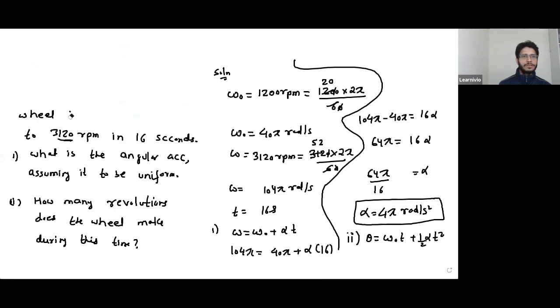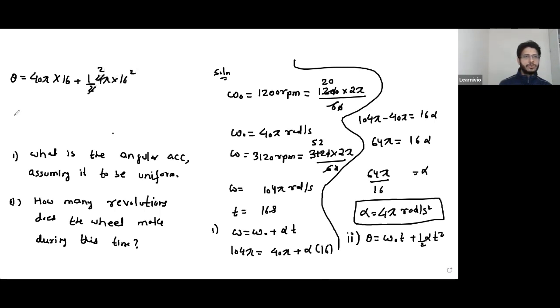If I make all these substitutions, theta is omega naught, how much is omega naught? Omega naught is 40 pi, t is 16, plus half alpha, alpha is 4 pi, into 16 square.